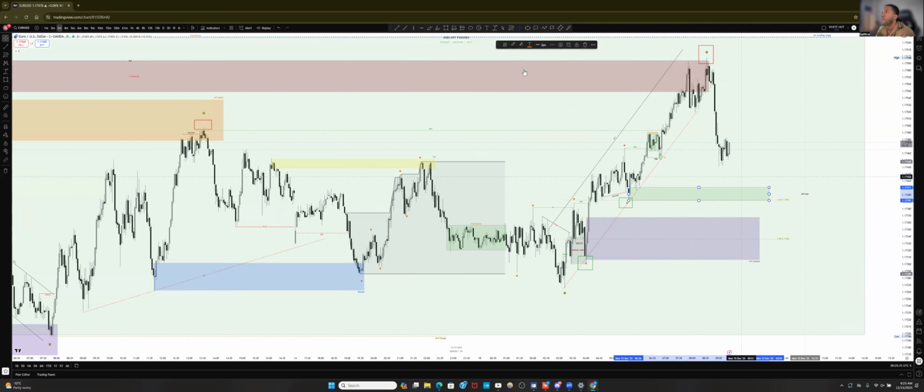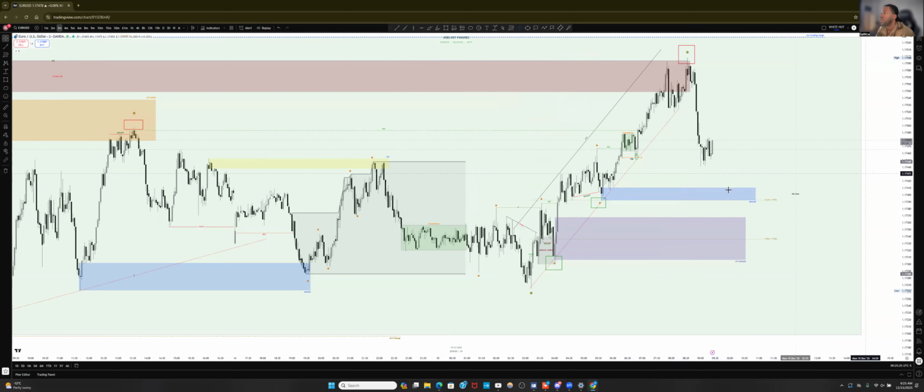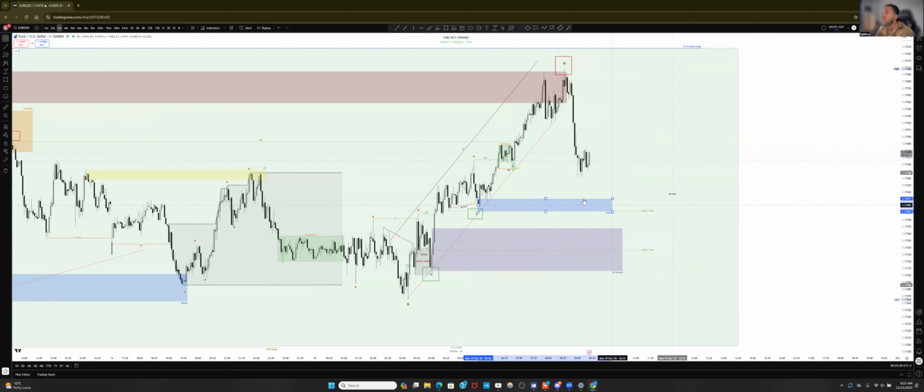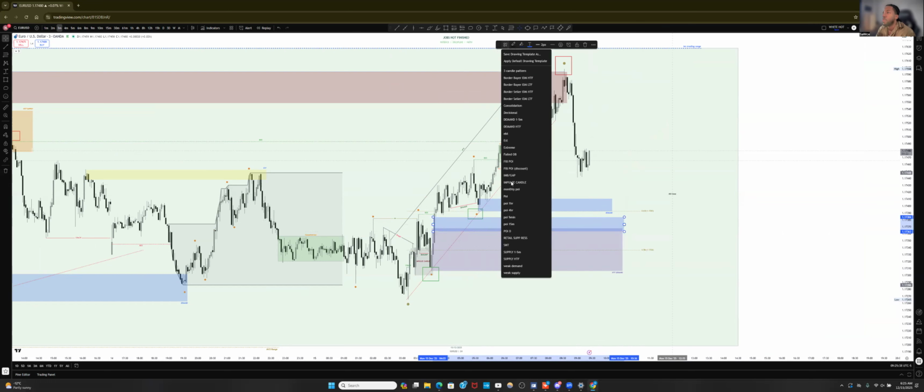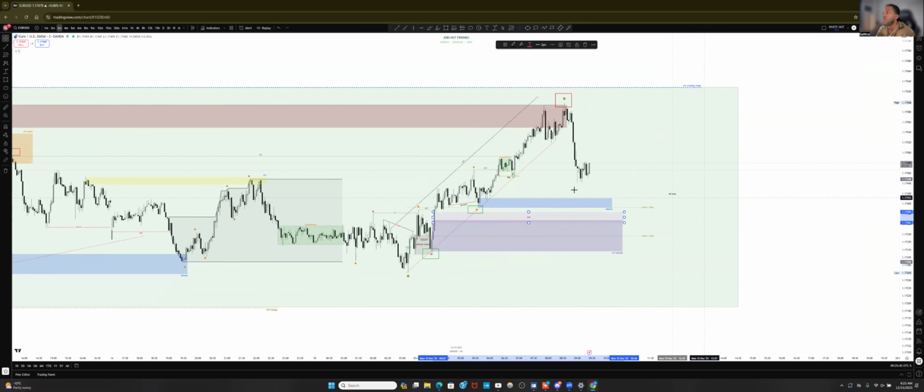So I would want to see that price can come back and take this zone out, either to tap into this imbalance, because now that this imbalance is underneath this zone, I would want to see that this zone not hold. Perhaps price could take this zone out and then push up.